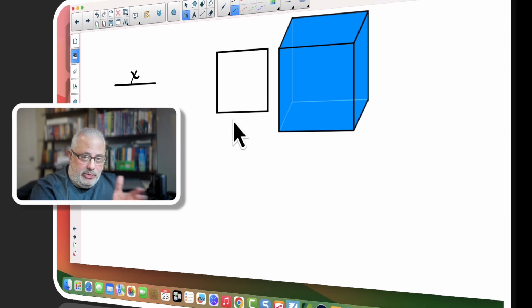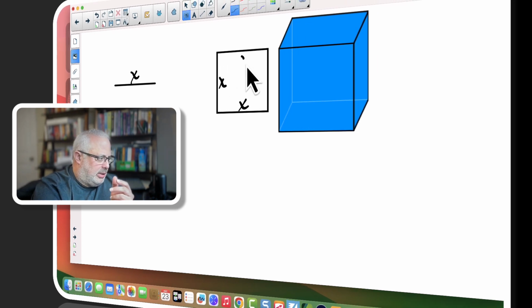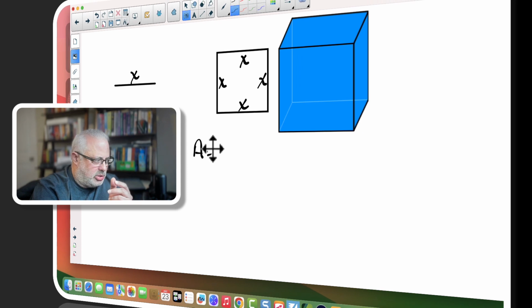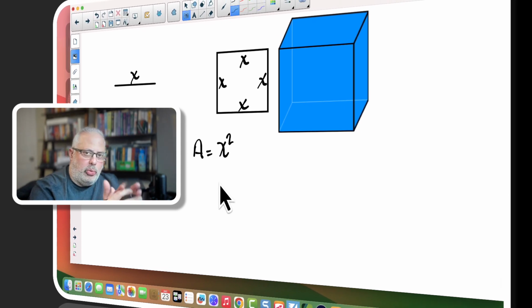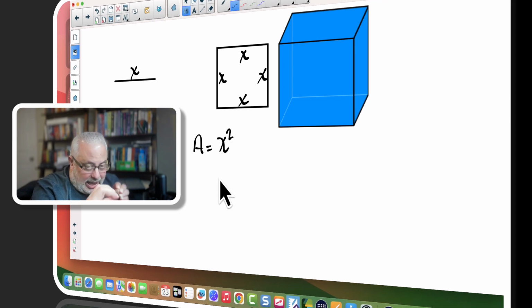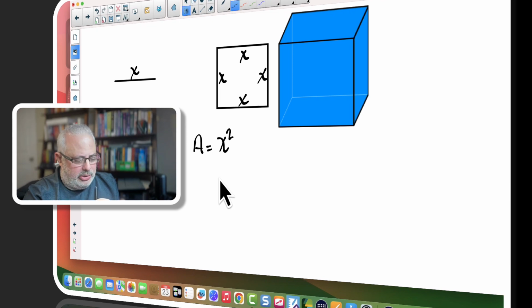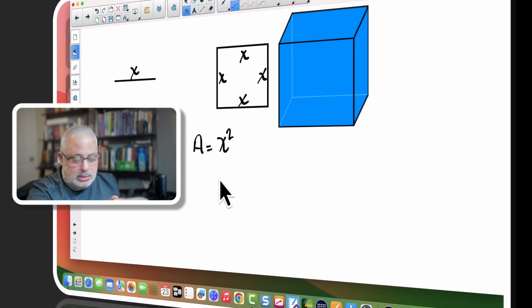The sides of that square are x, x, and x, and the area that we just discussed is just x to the power of 2. So we are working with length. We are working with length and another measurement, the area, which is x times x, squared, quadratic.